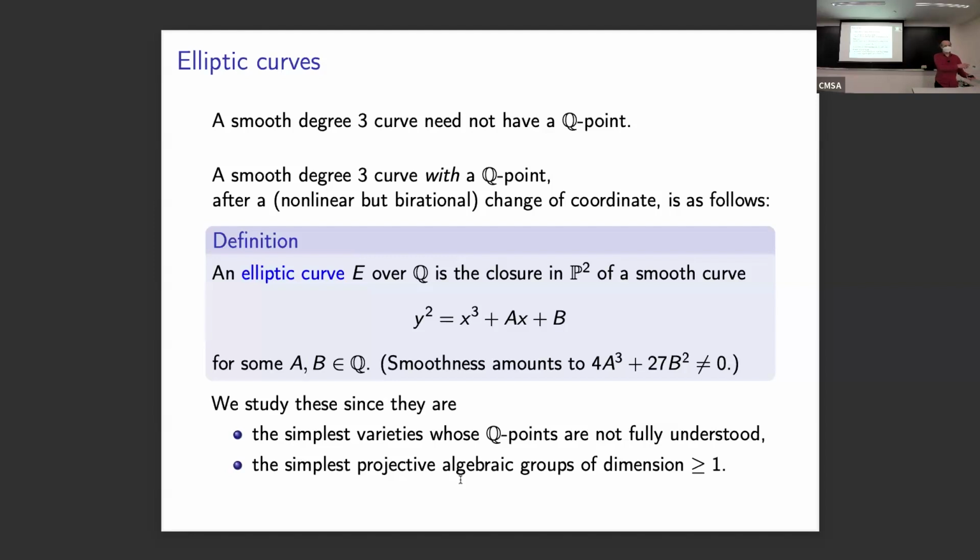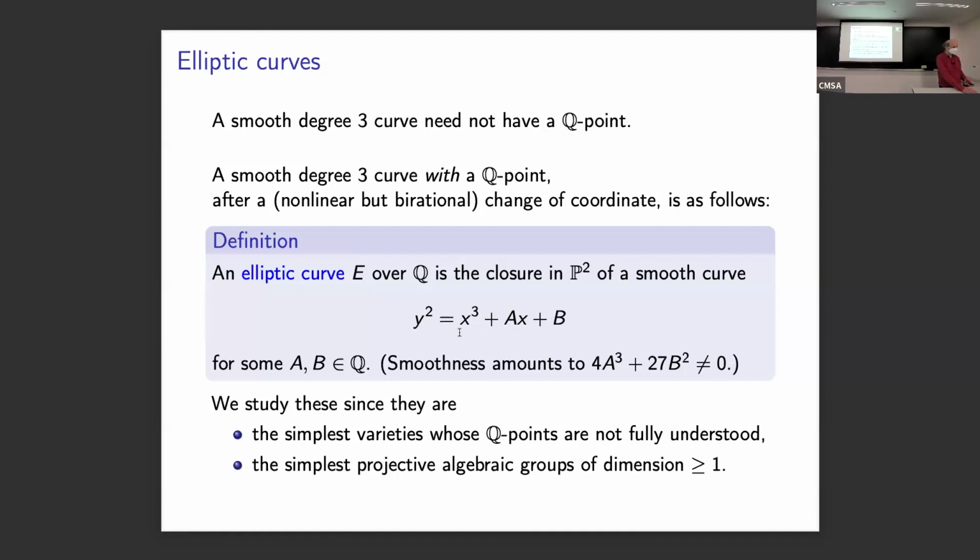So from the point of view of understanding the rational points, there's no harm in doing this. After that change, you have a curve in this simple form, y squared equals x cubed plus ax plus b, where a and b are some numbers. This is the affine equation, and strictly speaking, the elliptic curve is the projective closure of this curve.